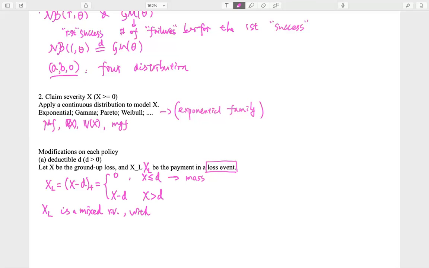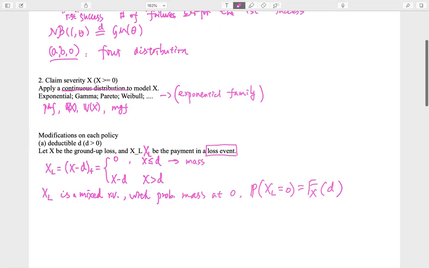With probability mass at 0. And we can easily calculate the probability at 0 is the CDF of your original loss at D. So even though we often apply a continuous distribution to model X, our X_L would be a mixed random variable with a discrete point at 0, and the probability, we can easily derive, right?